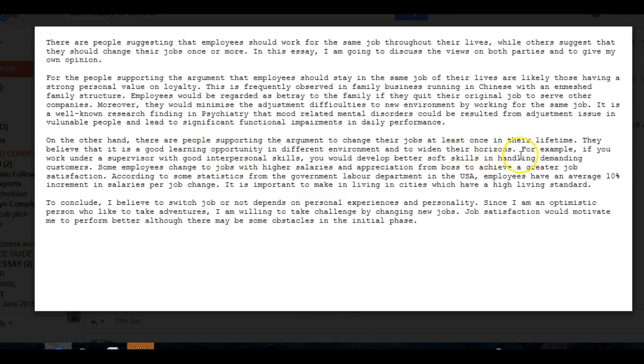For example, if you work under a supervisor with good interpersonal skills, you would develop better soft skills in handling demanding customers. Very nice vocabulary there. However, I have one concern about this example. It doesn't seem to support your argument. You're saying that switching jobs and being in different environments helps, but your example doesn't talk about switching environments. It just talks about having a good supervisor.